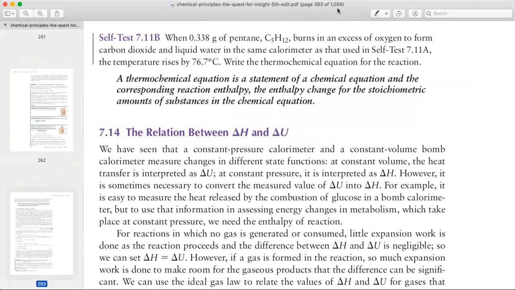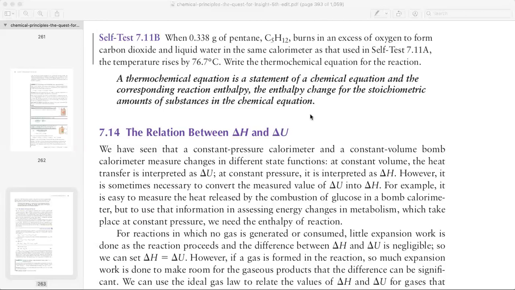Let's go into breakout rooms for 7.11b, and then I'll check in with everybody.